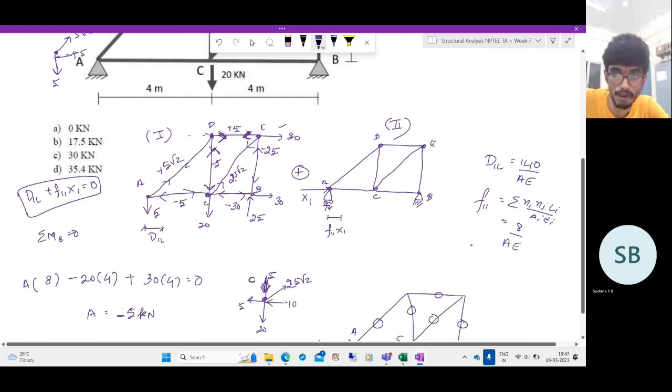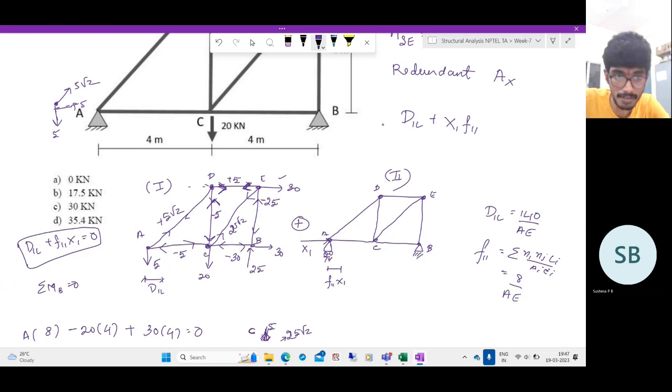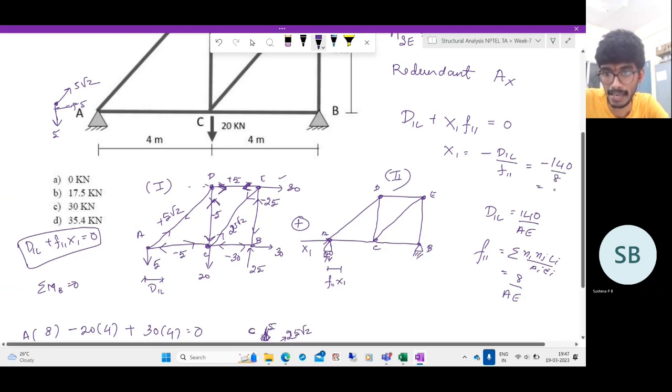So therefore, what is the compatibility condition? It is D1L plus X1 F11. So D1L is here, F11 X1 is here. Sum of both should be equal to 0 because this is a hinge support, which means X1 is equal to minus D1L by F11, which is minus 140 by 8, where A gets cancelled.